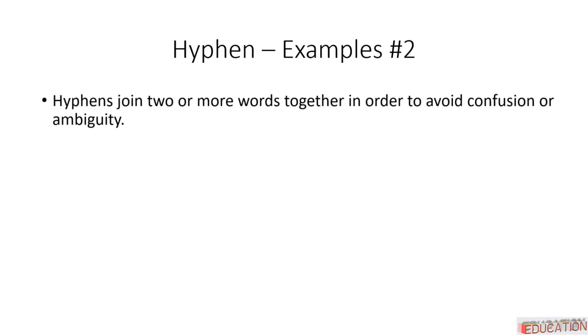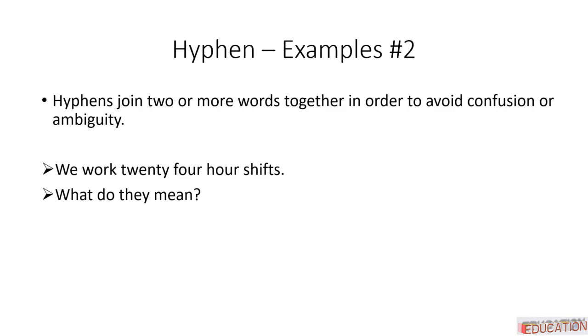And hyphens are important when joining two or more words together to avoid confusion or ambiguity. So let's look at this sentence as a really good example. We work 24-hour shifts. It's really not clear what's meant. What do they mean?